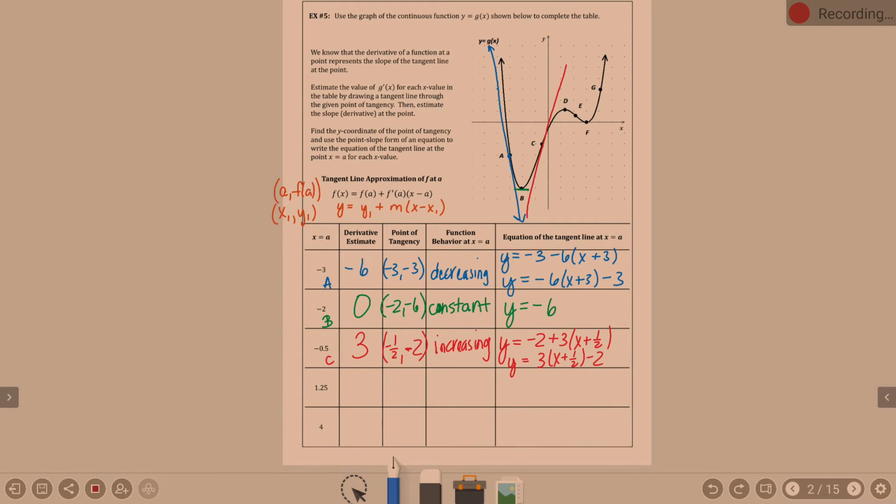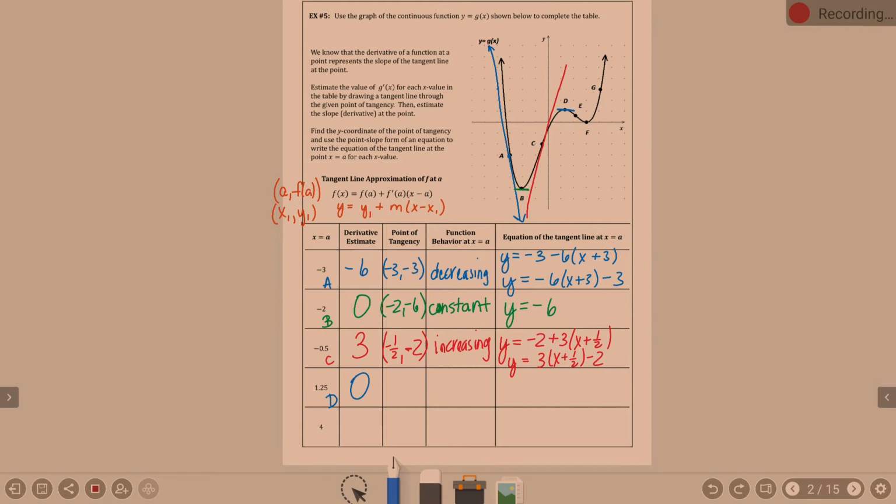Okay, next point, is it D? Is that another, is that the line? Yeah, that's what I did. But wait, does my answer key agree? Yeah. Okay. And you have to be careful. Is it truly the max there? And it is. So derivative estimate is 0.